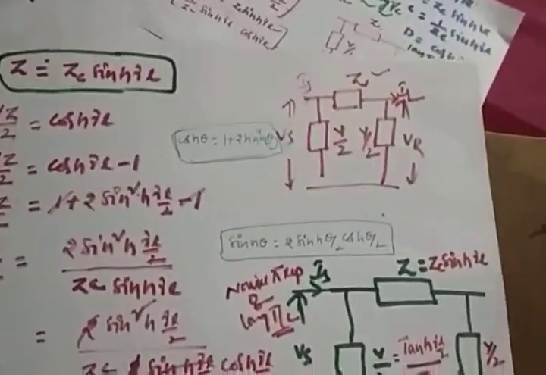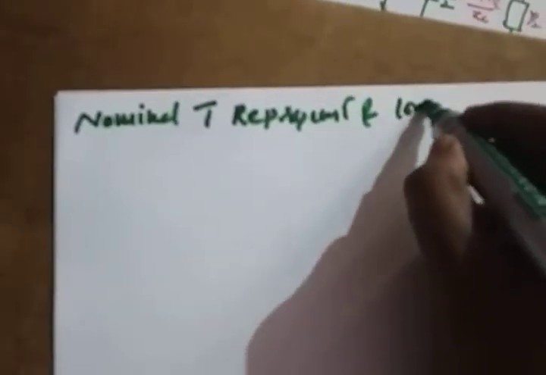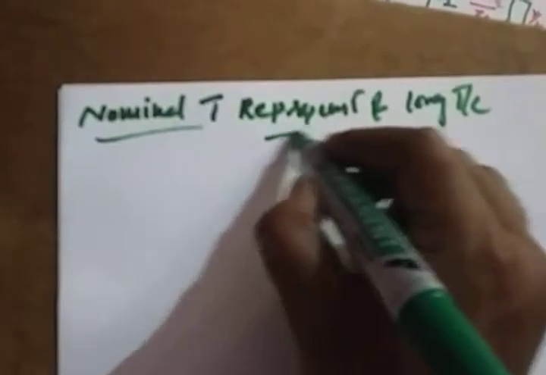Now we'll go for a nominal T representation of a long transmission line. Right. Now, the T representation for any medium transmission line or a long transmission line will be the same.